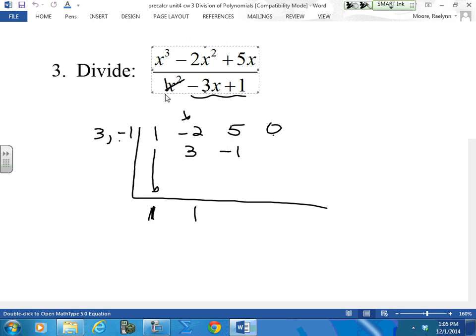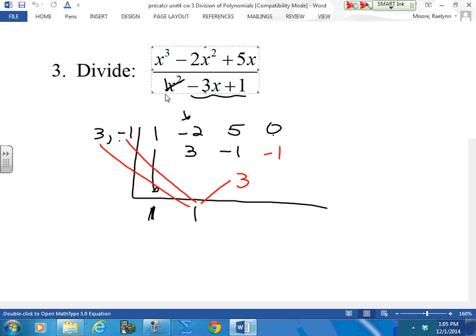Now, I start my process again. The only different thing was I had 2 of them to do, not 1. But my rule is multiply to the right, multiply to the right. And now I do it again. 3 times 1 is 3, to the right. Negative 1 times 1 is negative 1, to the right of this.